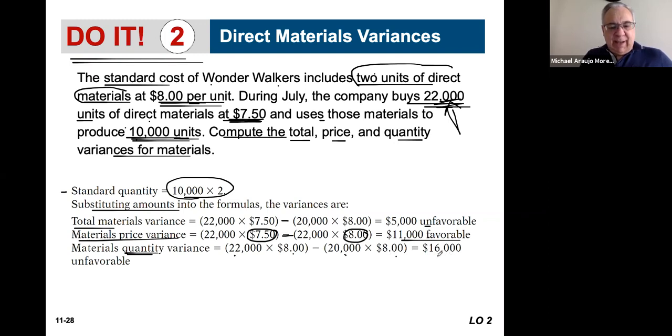Now, that meant that in this case, the quantity provided them with an unfavorable, right, $16,000 unfavorable. So that's the total right here. There's the price right here. And here's the quantity right here. So these three things are what we did right here. And that's going to be your homework.